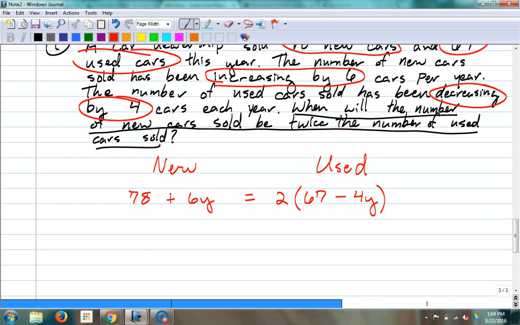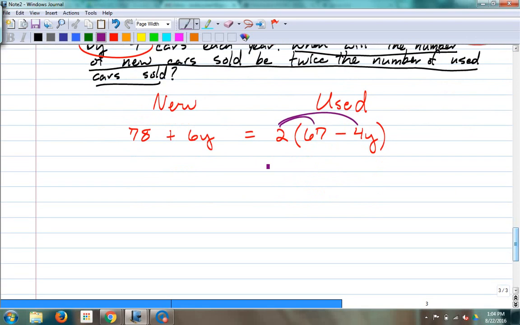And this is where we apply those steps of solving it. We know how to solve that equation, right? How do we solve that equation? Distributive property would be a good way to start. 2 times 67 would be what, 134? And then 78 plus 6y. Now what?